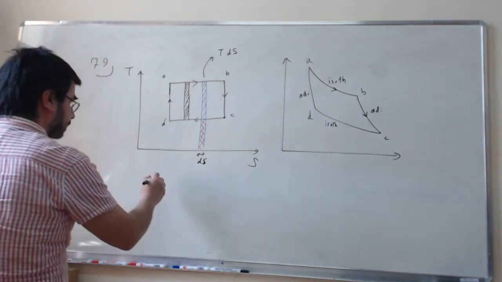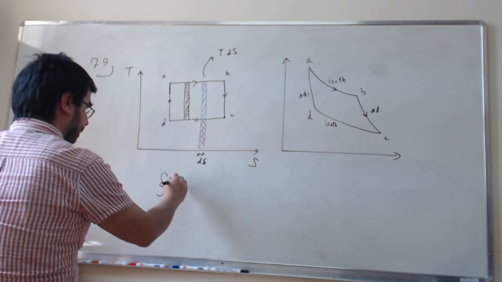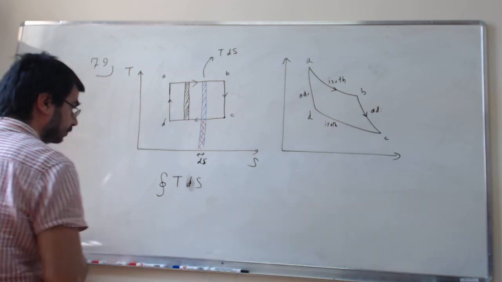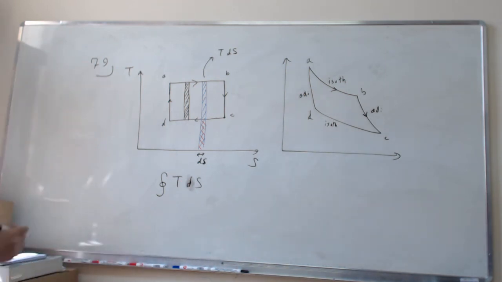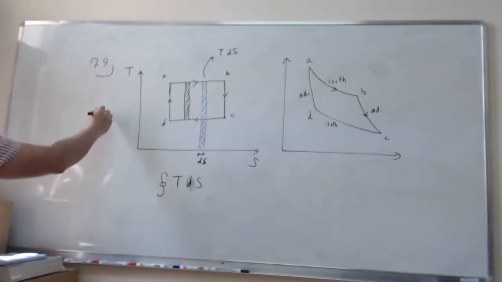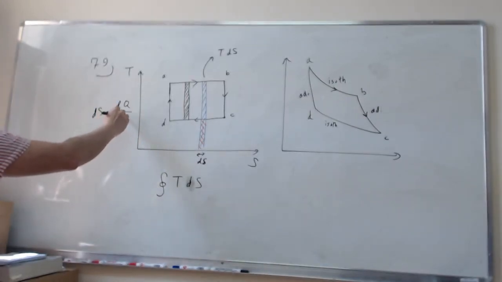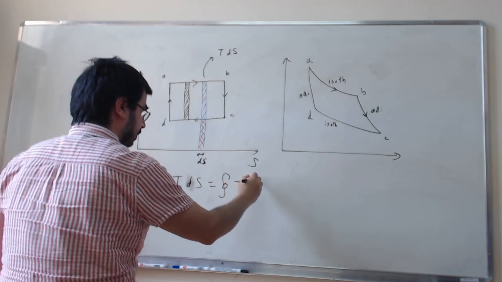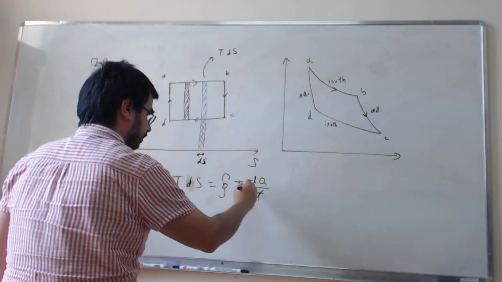So it's going to be something like this, the closed integral of T dS. And I can actually go ahead and write dS as a differential. So dS is just dQ by T. And so this is over some closed cycle, T dQ by T. These, of course, cancel.